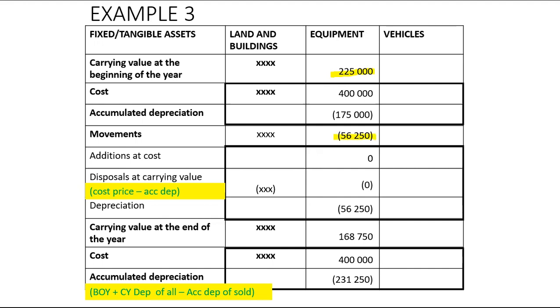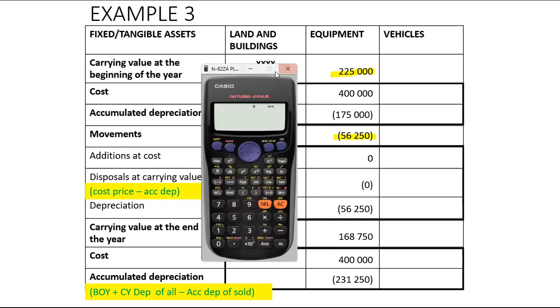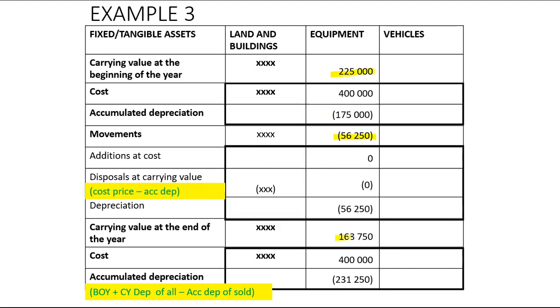I haven't confirmed this, so let me just confirm if it is true. If it's not true, then it means I made a mistake somewhere. Let's see. If you take 225,000 and then you minus 56,250, it'll give you 168,750. So it does give you this carrying value here, which is 168,750.